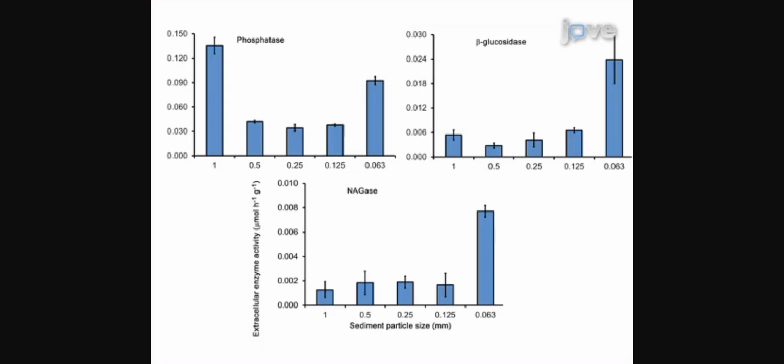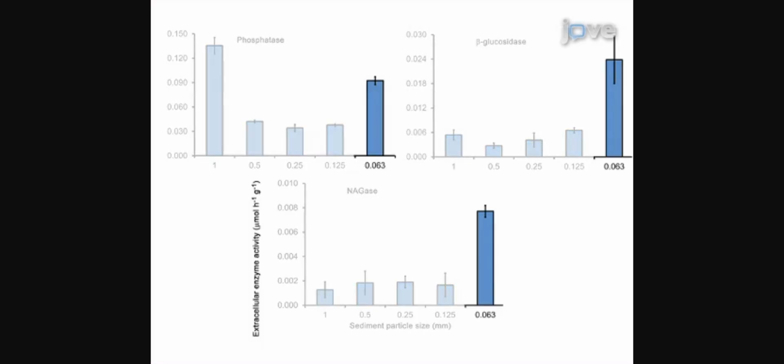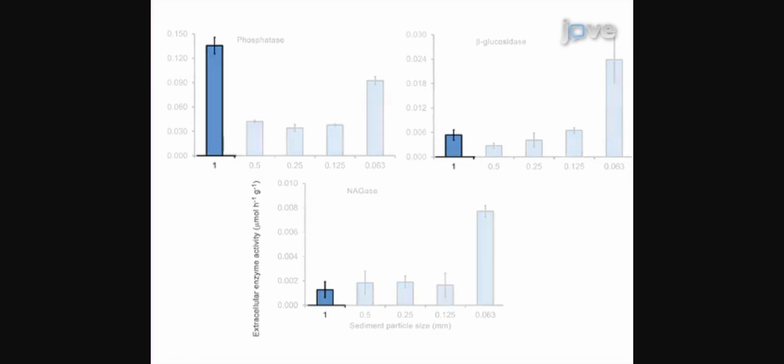A previous study has shown that the bacterial communities on sediment particles from this stream can be separated into 3 distinct groups based on molecular analysis of their community structure. Those on 0.063 mm particles, those on 0.125, 0.25, and 0.5 mm particles, and those on 1 mm particles.